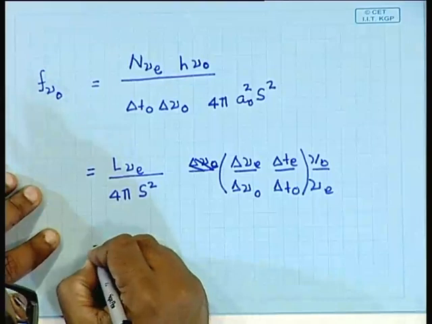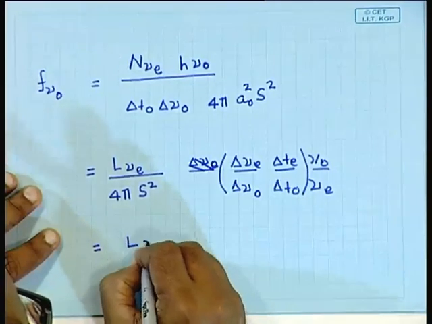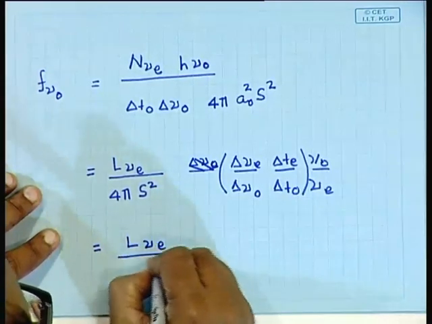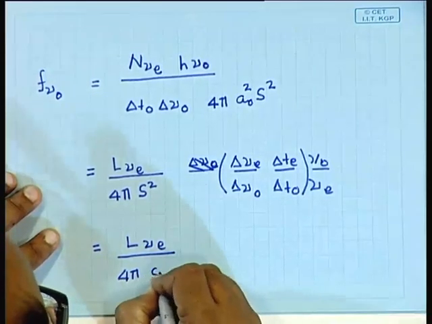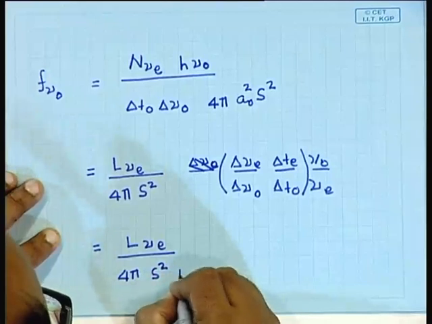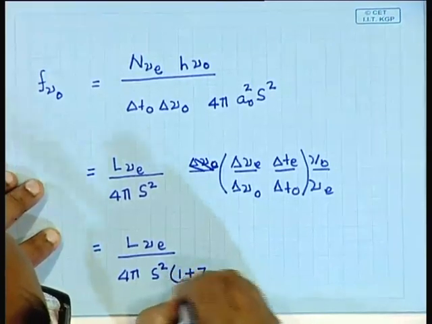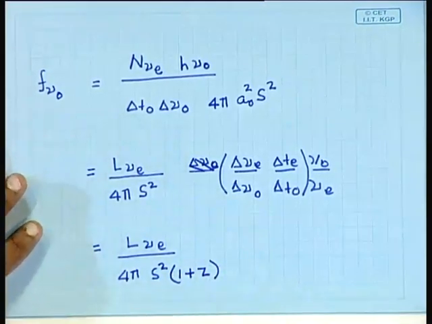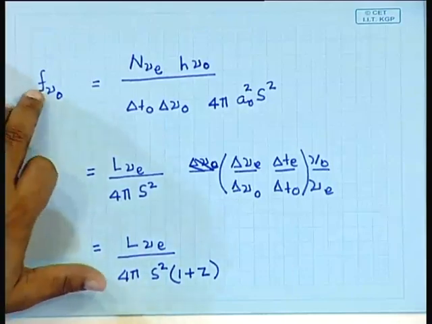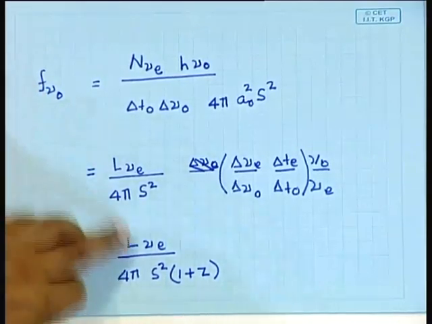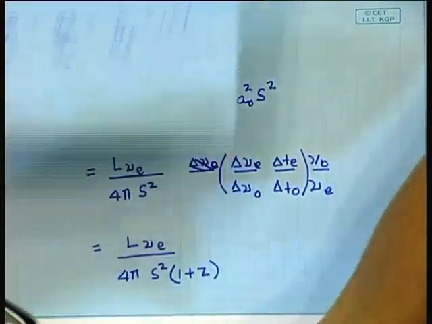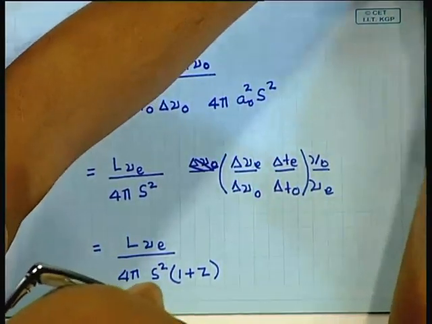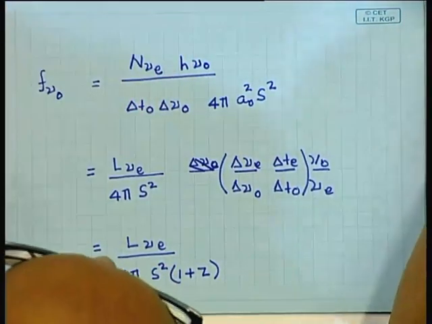So, this we see is L nu emitted by 4 pi S square 1 plus z. Okay. So, we have worked out the relation between the specific flux and the specific luminosity. Now, the next thing is to identify the luminosity distance.